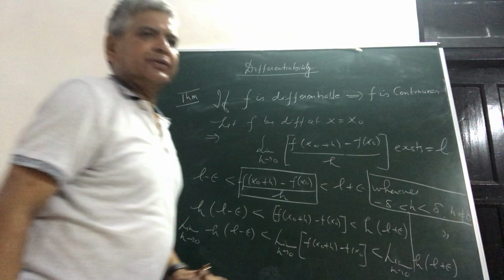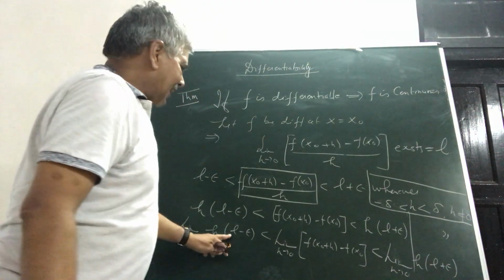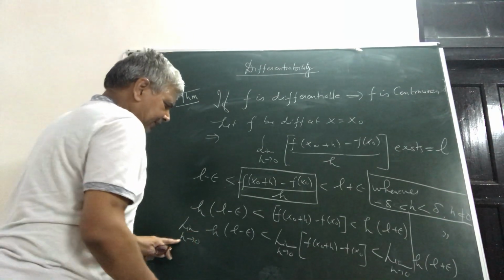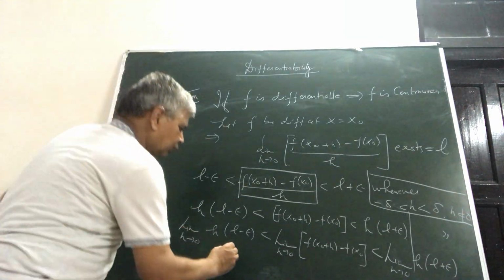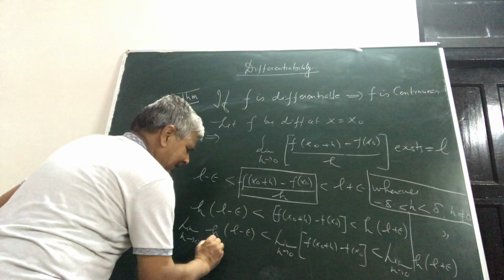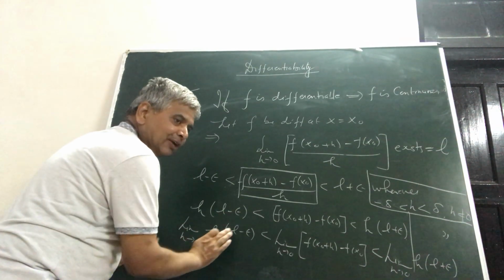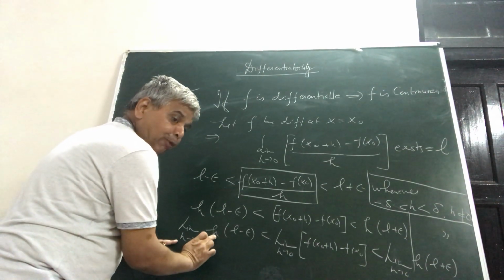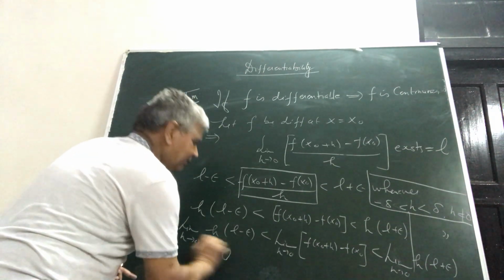Now please see students, L minus epsilon is a constant. It can be taken outside, and the limit as h tends to 0 of h, a polynomial in h, will be 0. It is just like constant into your function, so this limit will be 0.